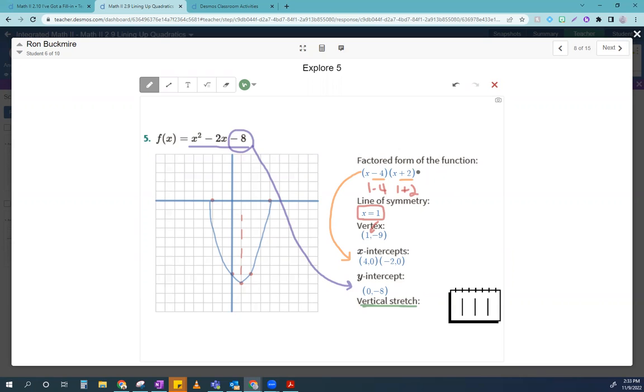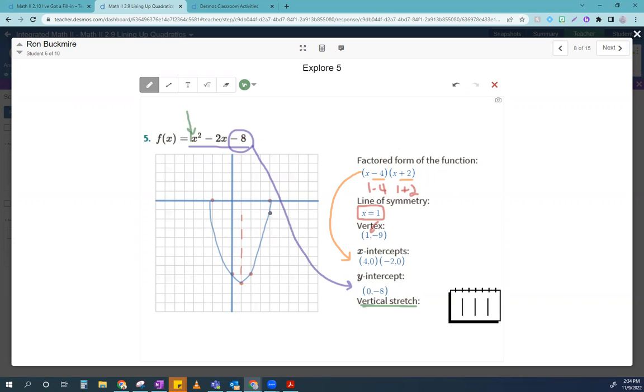Very good. A couple people said, "Ms. Johnson, whoever's with the x squared, this number right here is going to tell you whether he's stretched or not." In this case, it's an invisible one, so there's no stretch. He's kind of what we would call average, normal, something along those lines.